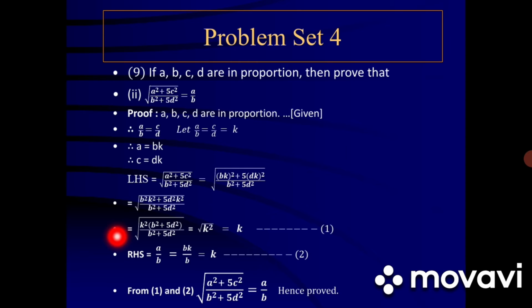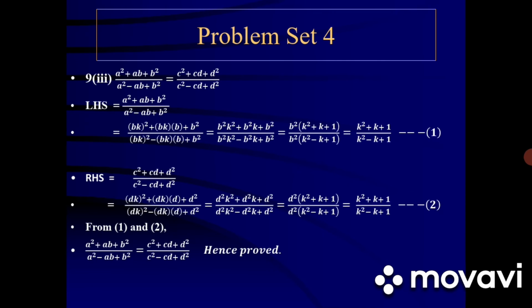Here B square plus 5D square gets eliminated and we get square root of K square, which is equal to K. Let this be 1. Right hand side RHS is equal to A upon B, and that is equal to BK upon B. Here B gets eliminated, therefore A upon B is equal to K, which is 2. From 1 and 2, square root of A square plus 5C square upon B square plus 5D square is equal to A upon B, hence proved.